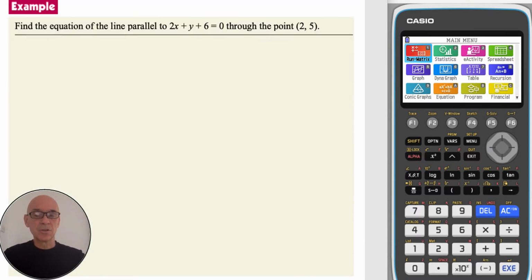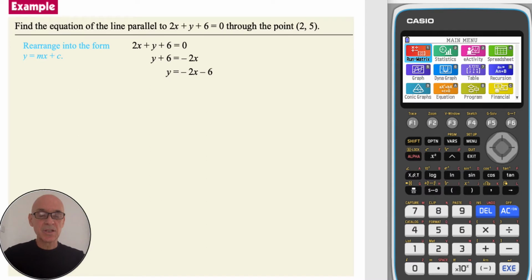In this question, we have to find the equation of the line parallel to the given line and passing through the point 2, 5. If we begin by rearranging the given line into the form y equals mx plus c, so subtracting 2x from both sides, and then subtracting 6 from both sides.